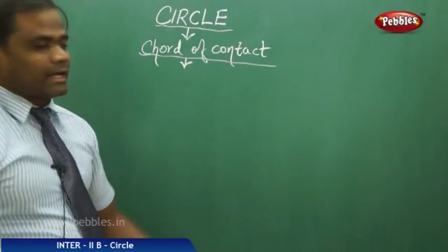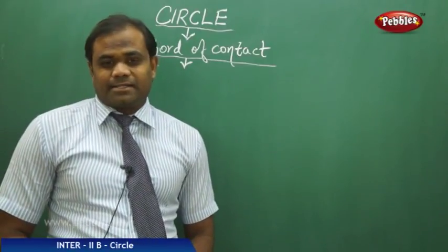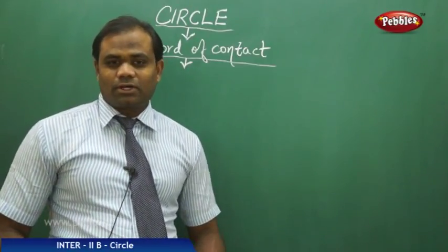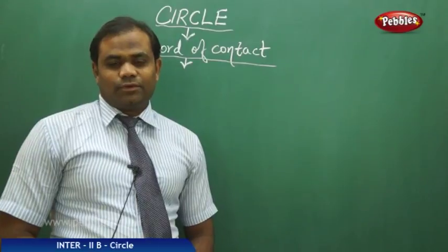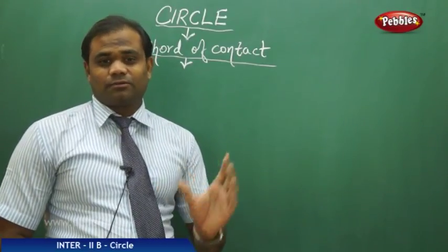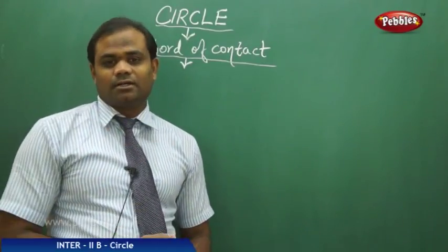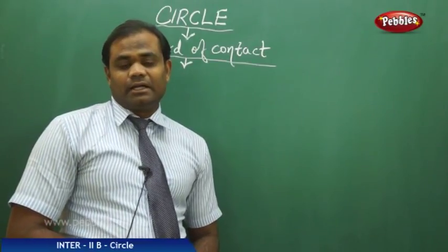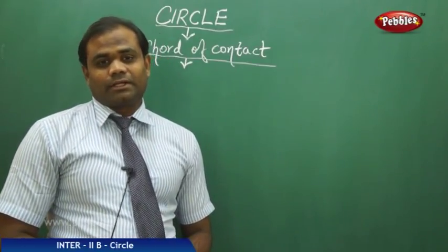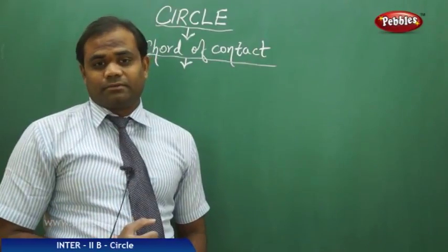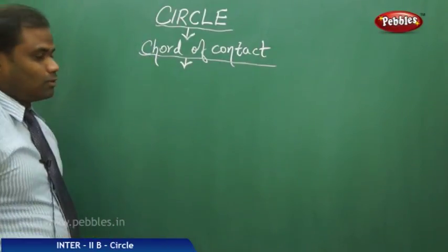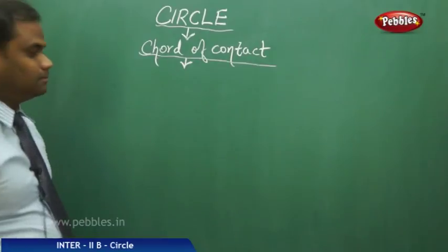Chord of contact for the circle S equal to 0. So what is the chord of contact? As we know, a chord is the line which cuts the circle into segments, and the chord of contact is defined in a similar fashion. Let's see how it is defined for a circle.